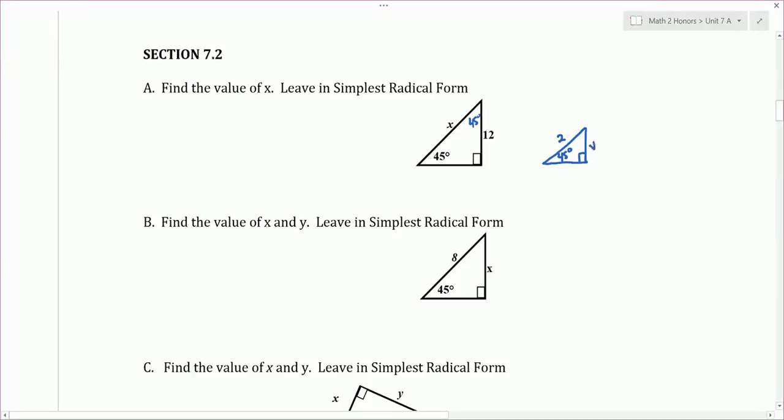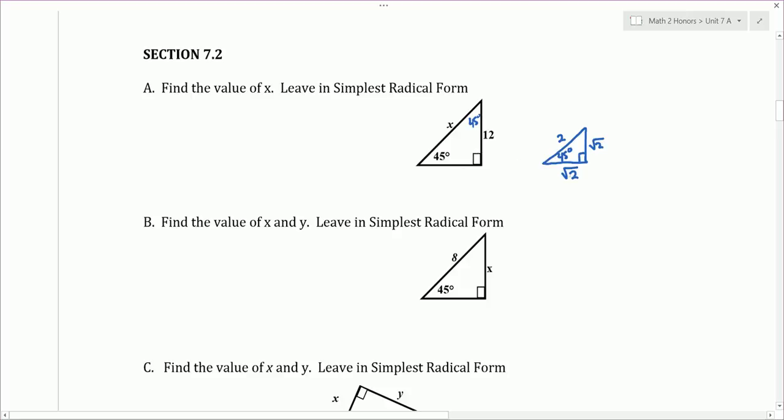And the side lengths are square root of 2 and square root of 2. So the smaller one is a 45, 45, 90 right triangle that we memorize. And it's going to be similar to all 45, 45, 90 right triangles.